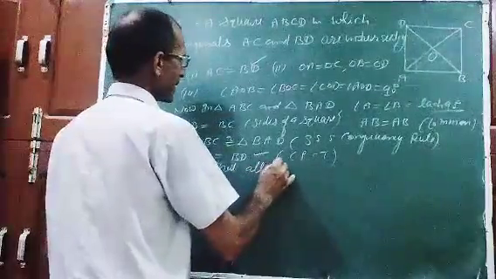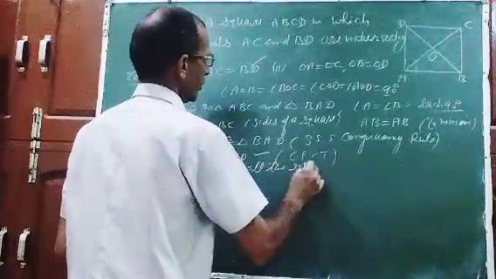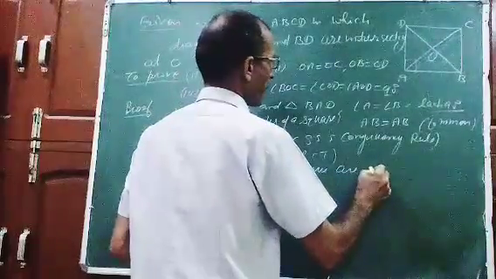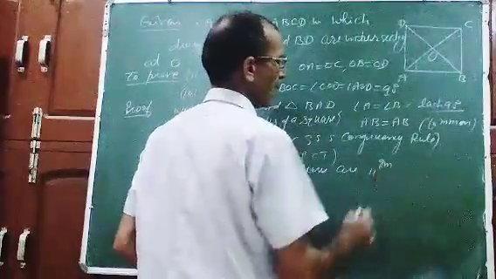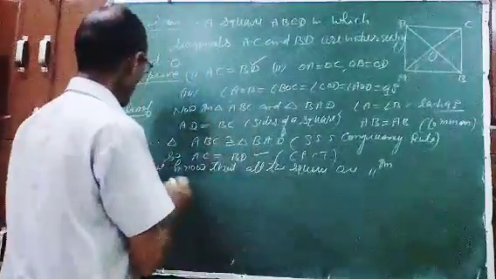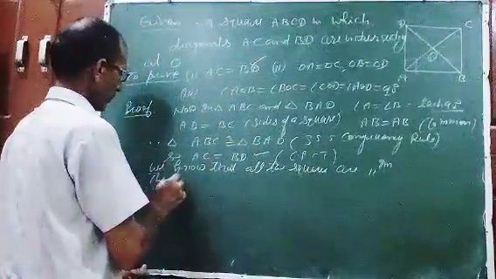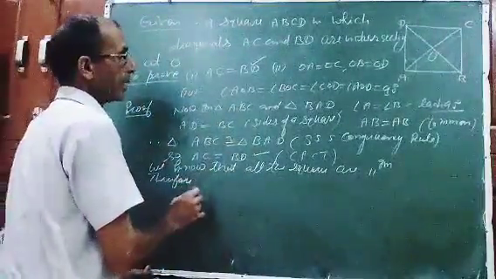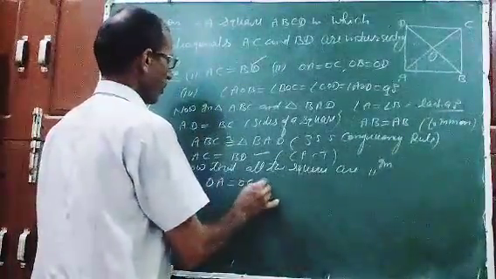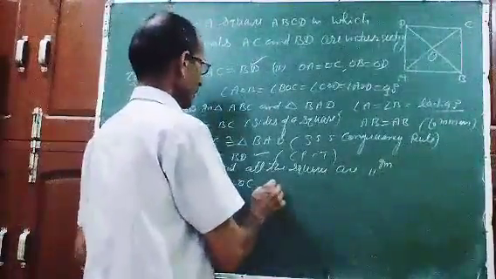So we know that all the squares are parallelograms. Therefore OA is equal to OC.